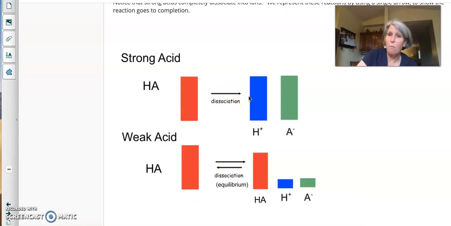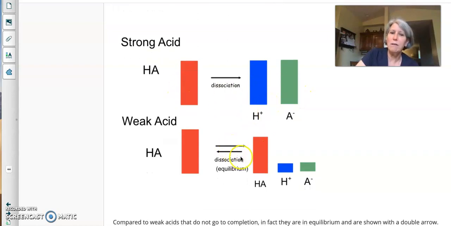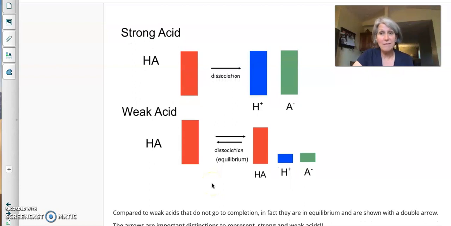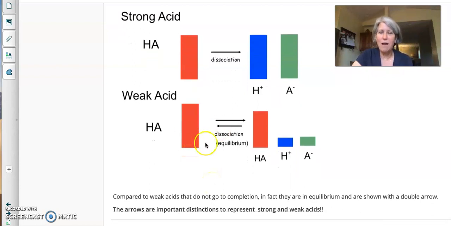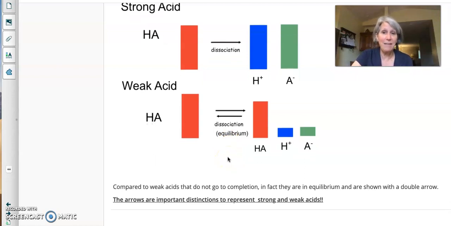The arrow drives almost one way. Sometimes in college you might even hear that it's very little going to the back, but really almost 99.999% of this acid will dissociate. Whereas here, it's more in an equilibrium position when you're talking about a weak acid. Those will be things that we'll learn in the next lesson when we're talking about Ka values. So that's kind of like a Keq, and that's coming in the next lesson tomorrow.